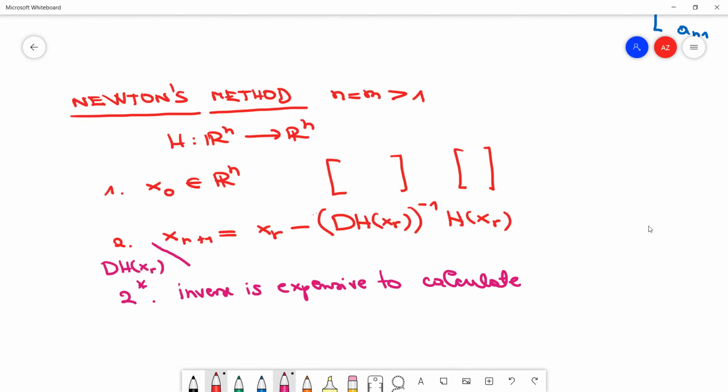And what we get here is the Jacobian matrix times x r plus 1 is equal to the Jacobian matrix times the vector x r minus, and so here we just kill this inverse. So what remains is h.